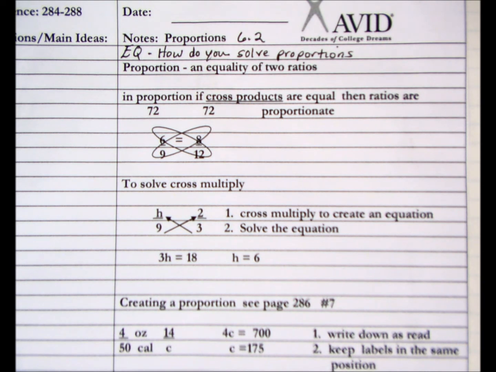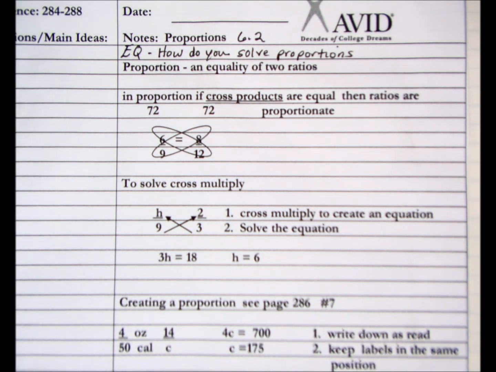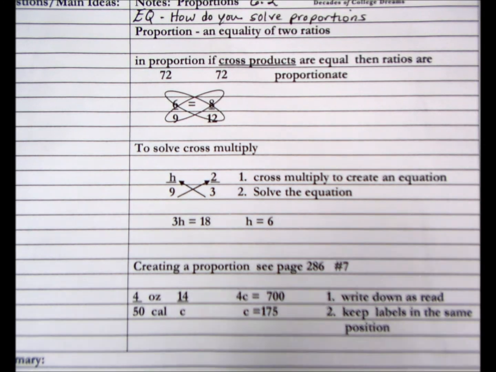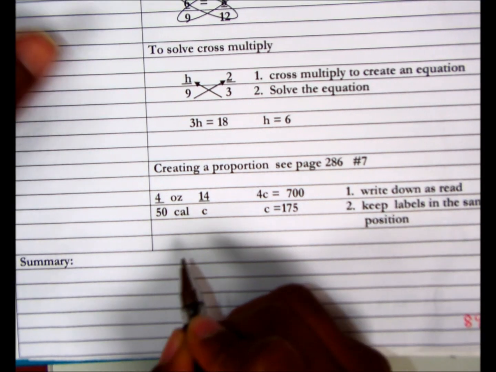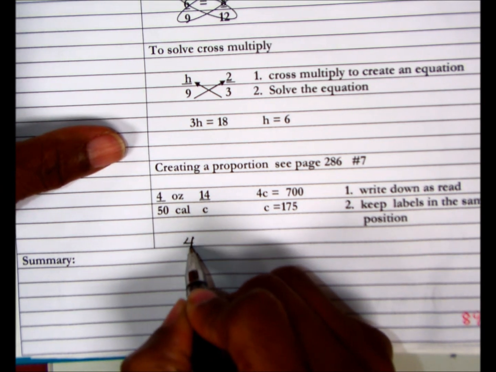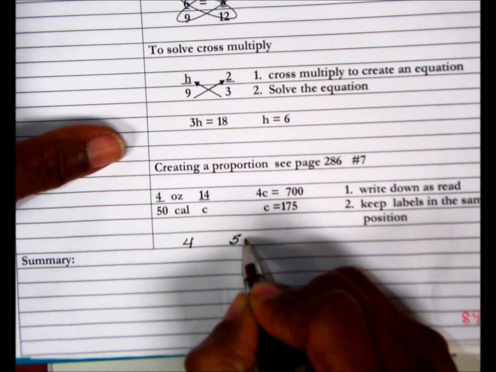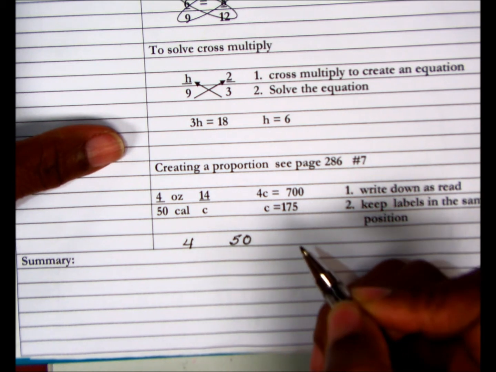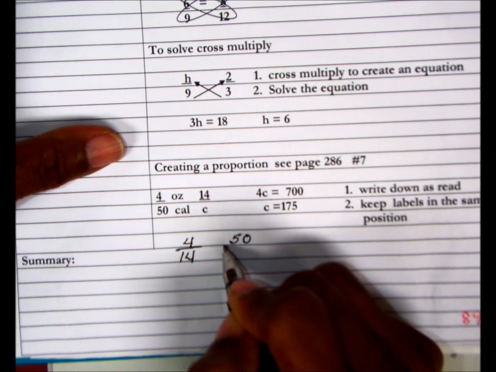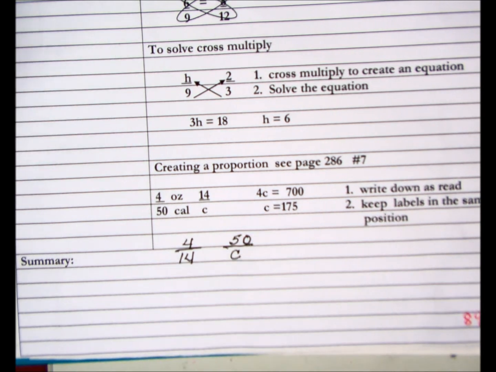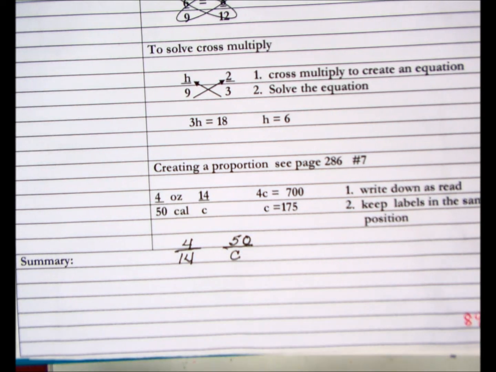What's really important in a proportion is that you keep the labels in the same place. We could set this proportion up in a different way and still get the same thing. We could get 4 ounces, 50 calories, 14 ounces, how many calories? And it still comes out the same way.